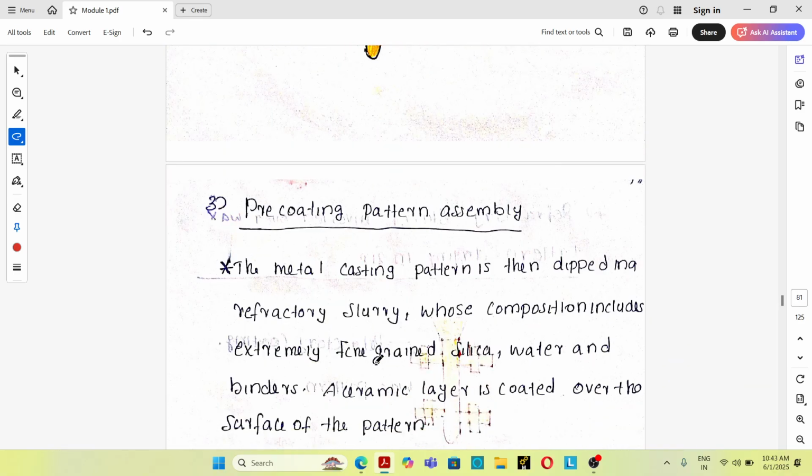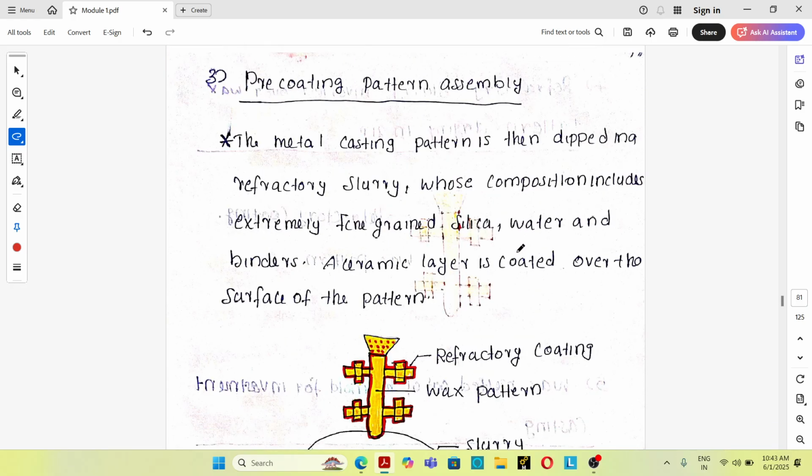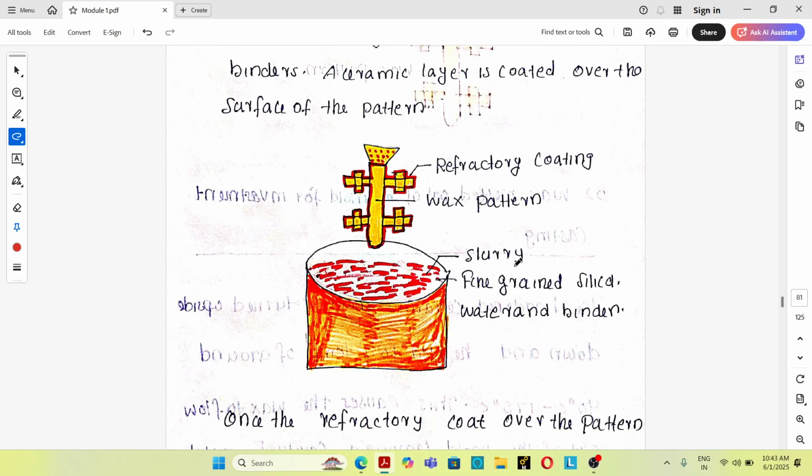Then the third one, pre-coating pattern assembly. This entire pattern assembly is dipped into a refractory slurry. The refractory slurry consists of fine-grained silica, water and some binders. Depending upon the thickness of the coating over the wax tree, it will be dipped 2 or 3 times. After the required thickness of coating is achieved, the dipping will be finished. So this is the refractory slurry and this is the wax tree.